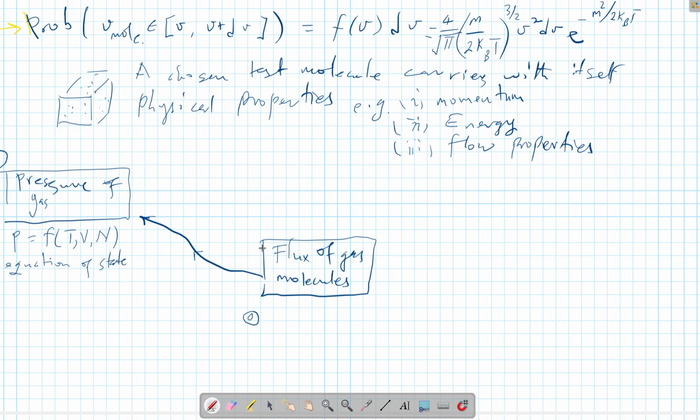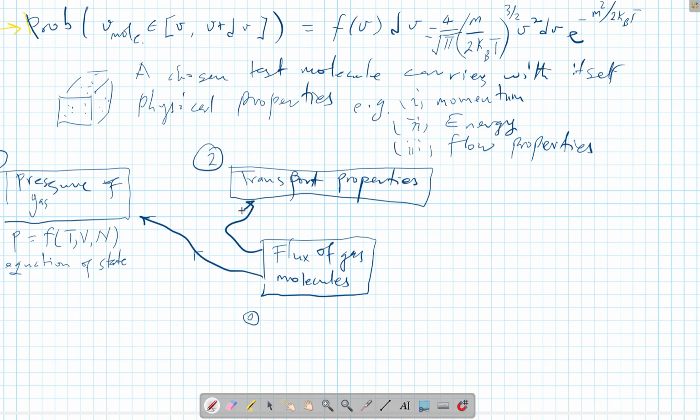The same thing using the flux, we can compute something maybe I call transport properties. It's a generic name. There are lots of them, so this is going to be 2. Transport properties, number 2. Example of this, one can talk of effusion or effusion rate.